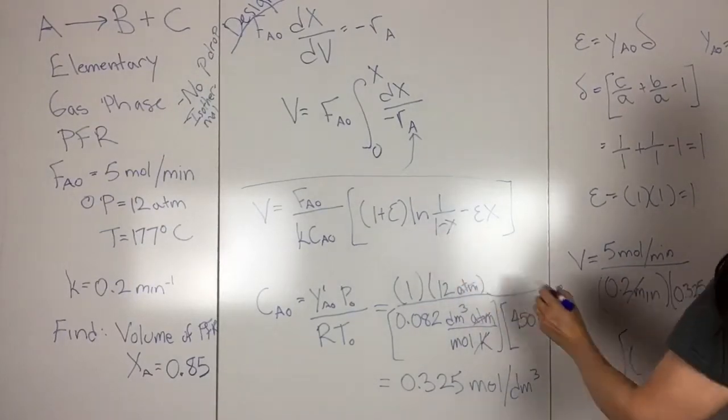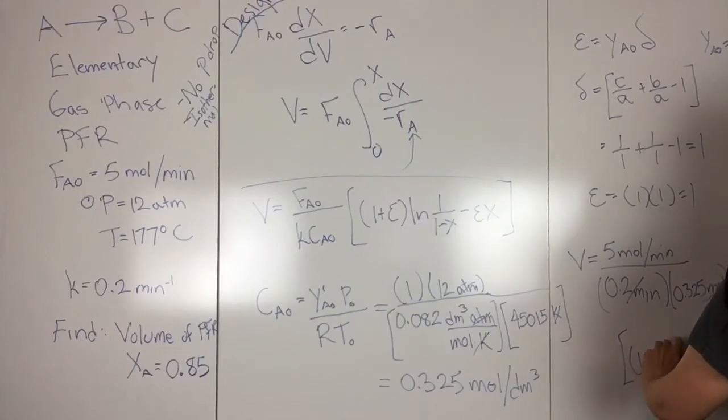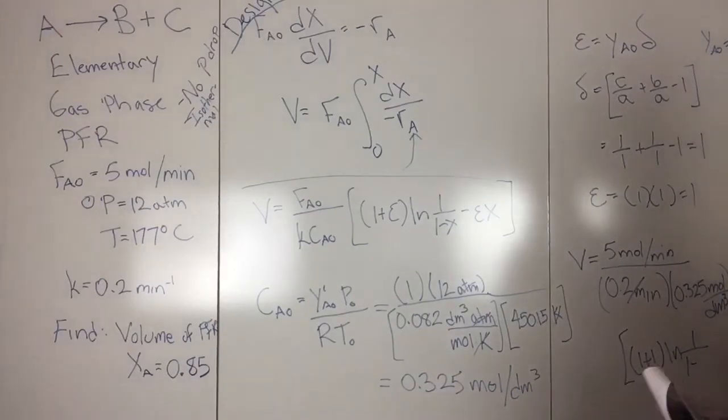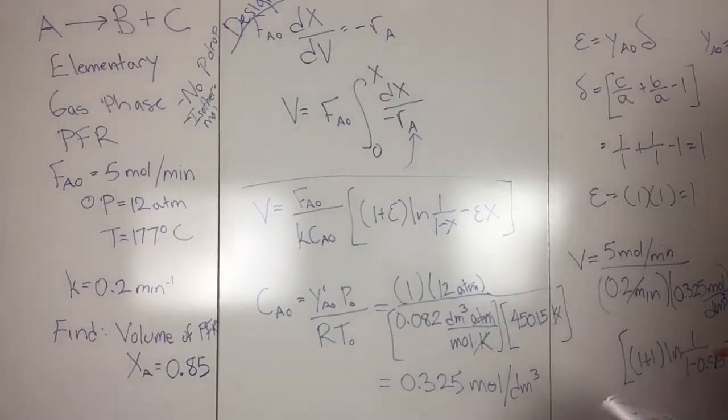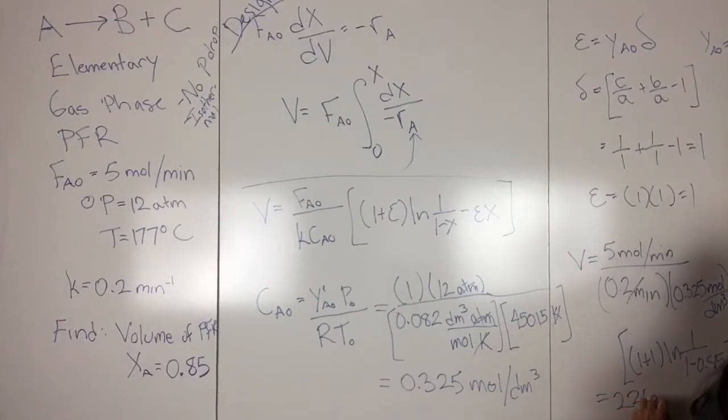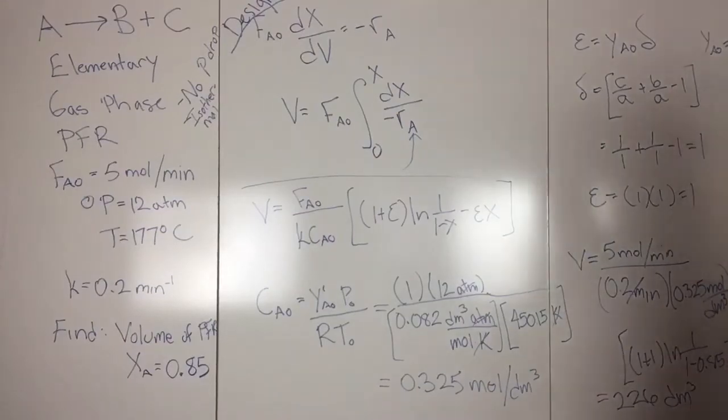We know that epsilon is 1, so 1 plus 1, natural log of 1 over 1 minus x, where x was 0.85, minus 1 times 0.85. Then you just plug all that into your calculator and solve it, and you should get 226 dm cubed.